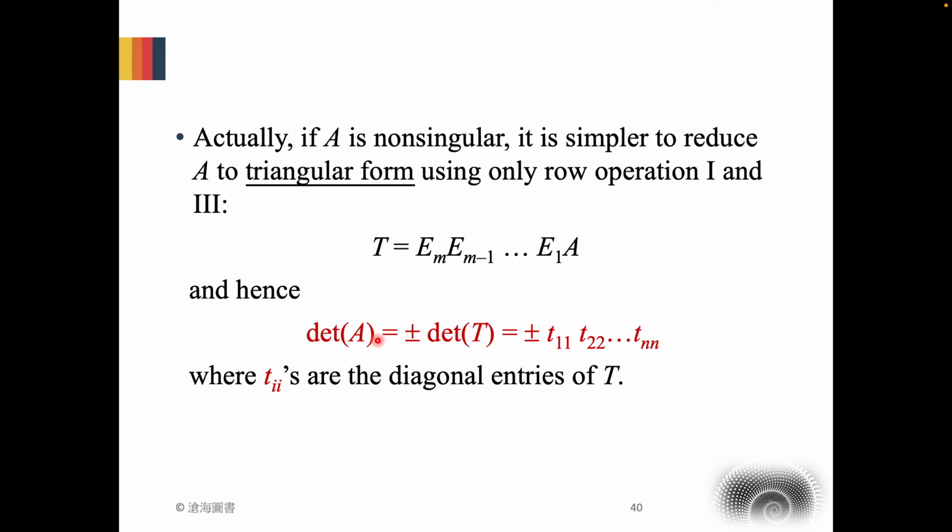And because we already know that if we do type 1 or type 3 elementary row operations, the determinant would be multiplied with positive 1 or negative 1.